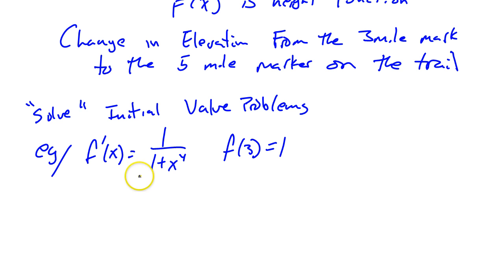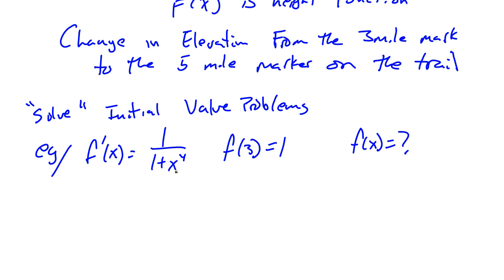So here's a derivative and one point that I want my function to go through, and I want to try to find what f of x is. I need to take an antiderivative, and then use this initial condition to plug in and find out what the plus c is. The problem is, I don't know how to take this antiderivative. Honestly, I don't.